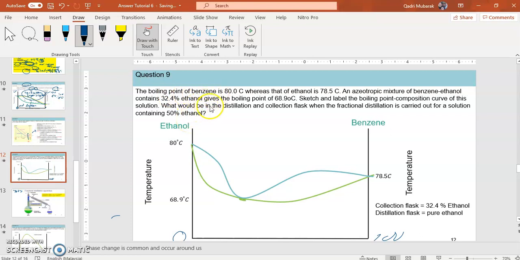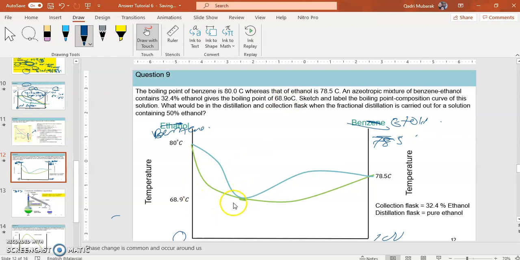The boiling point of benzene is 80, and here is the ethanol at 78.5. I say that an azeotropic mixture of benzene and ethanol contains 32.4% ethanol, giving the boiling point of 68.9 degrees Celsius.